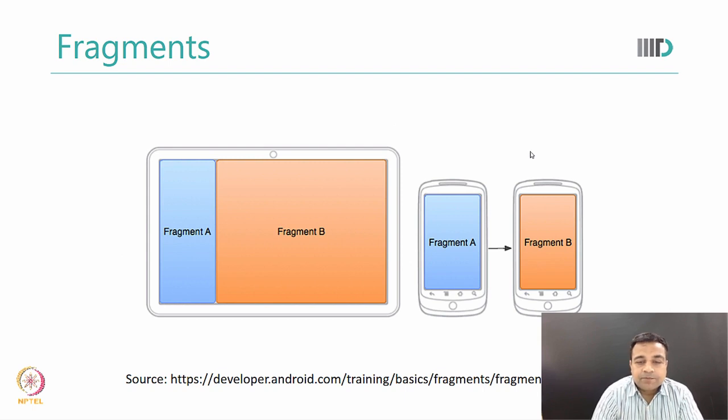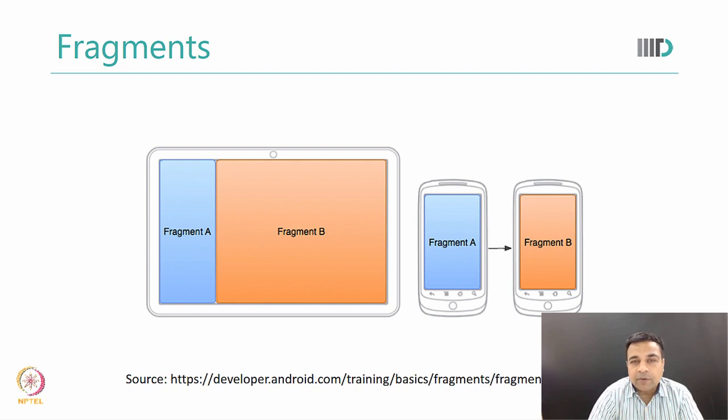Now you see. When we started having tablets which had a much larger screen, there was a need to have different types of displays for tablets or anything which has a larger screen, and on phones which usually have smaller screens. The same logic applies even for phones with larger screens and phones with smaller screens.